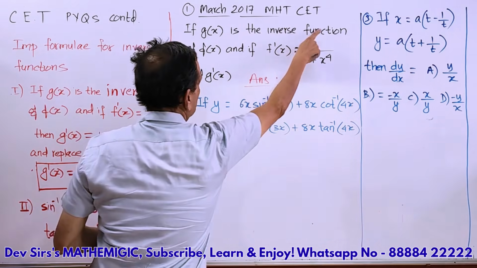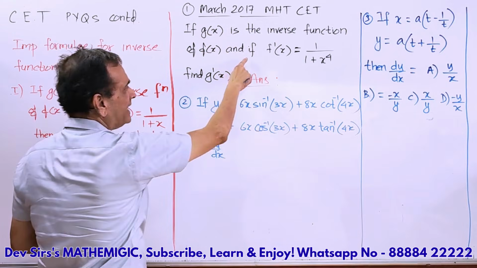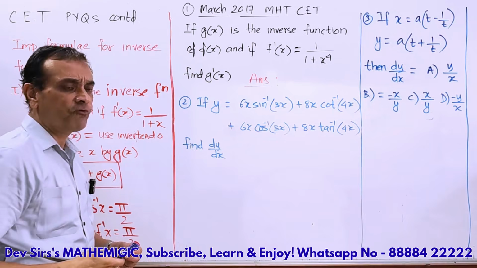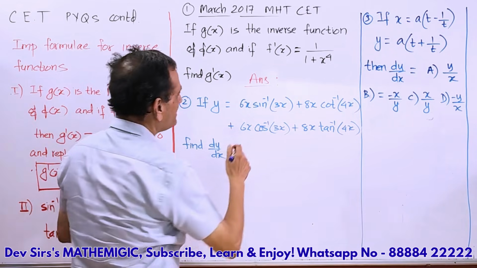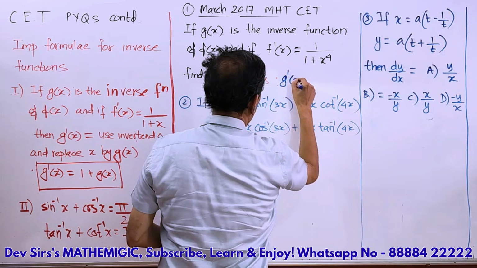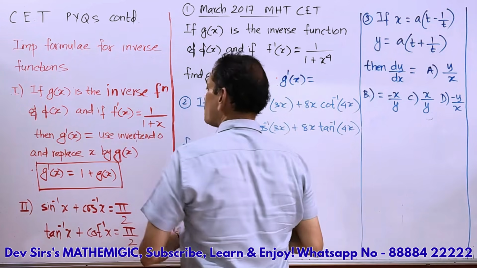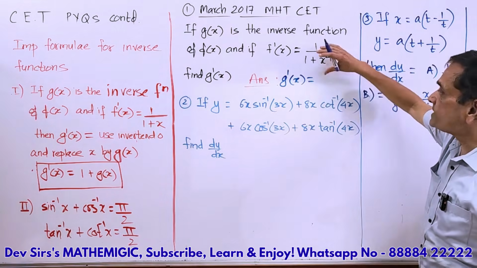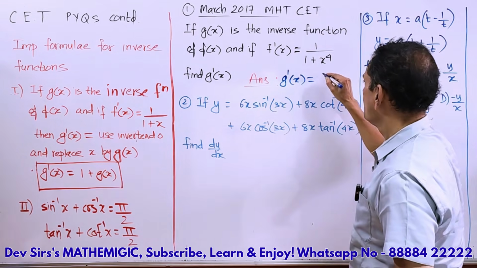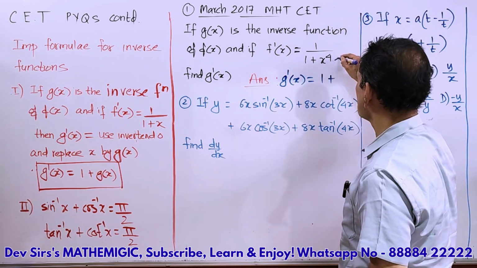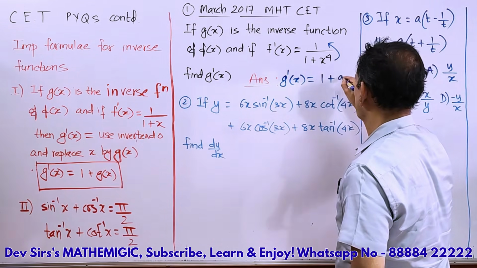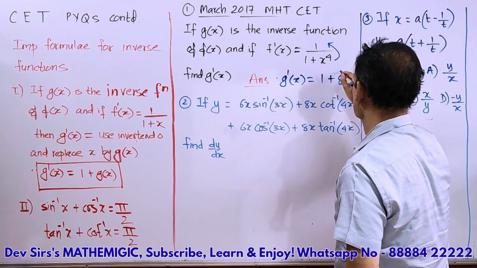So g is the inverse function of fx and derivative of fx is 1 upon 1 plus x raised to 4. Then directly g dash x, derivative of gx. What does the rule say? Take the reciprocal of this, means use invertendo. 1 plus x raised to 4 goes above, replace x by gx. That's all.